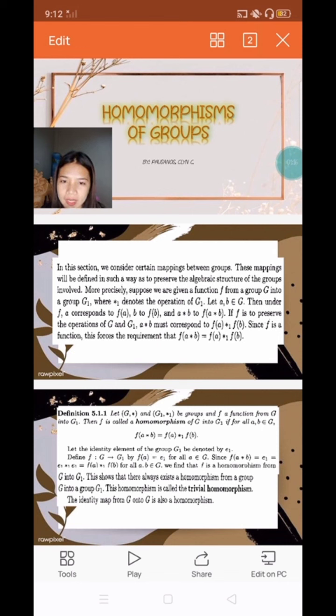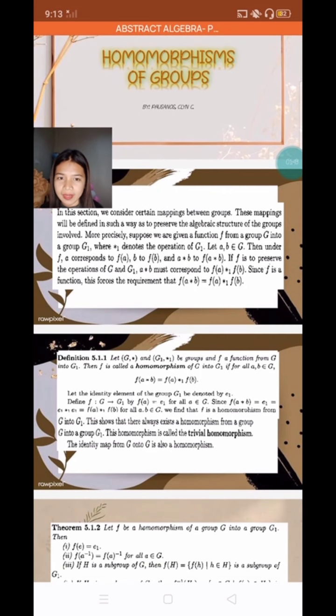More precisely, suppose we are given a function f from a group G into a group G sub 1, where star 1 denotes the operation of G sub 1. Let a be an element of G. Then under f, a corresponds to f of a, b corresponds to f of b, and a star b corresponds to f of a star b.